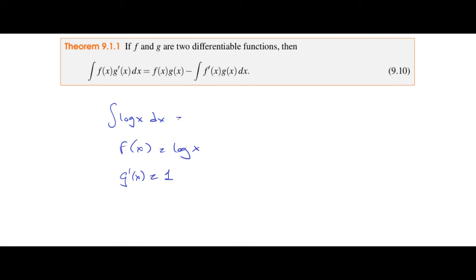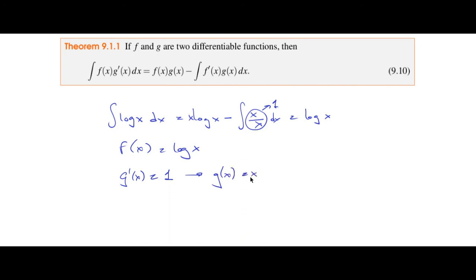So the integral of this is going to be the logarithm of x times x, one of the primitives of 1, minus the primitive of the derivative of the logarithm, which is 1 over x, times g, not times f.